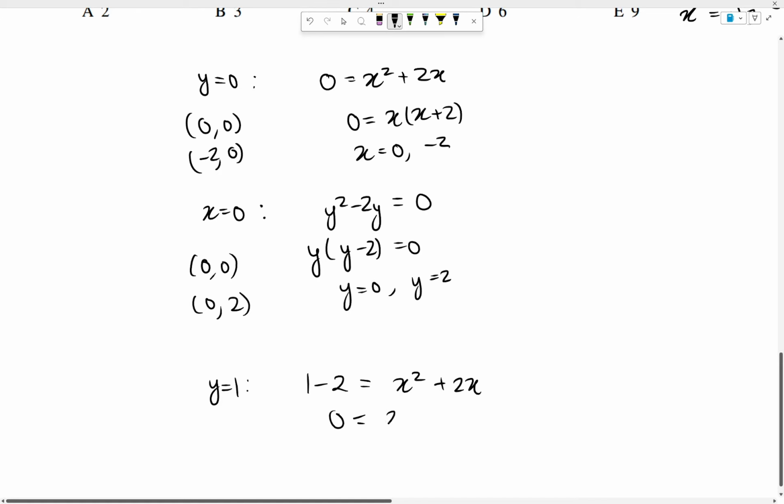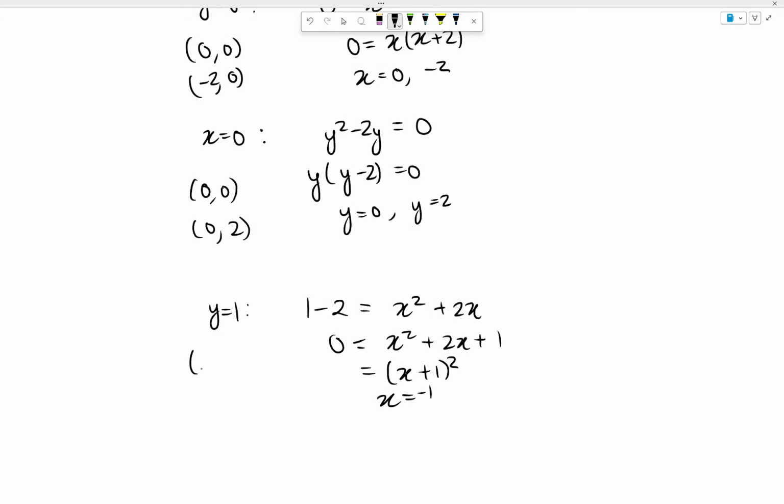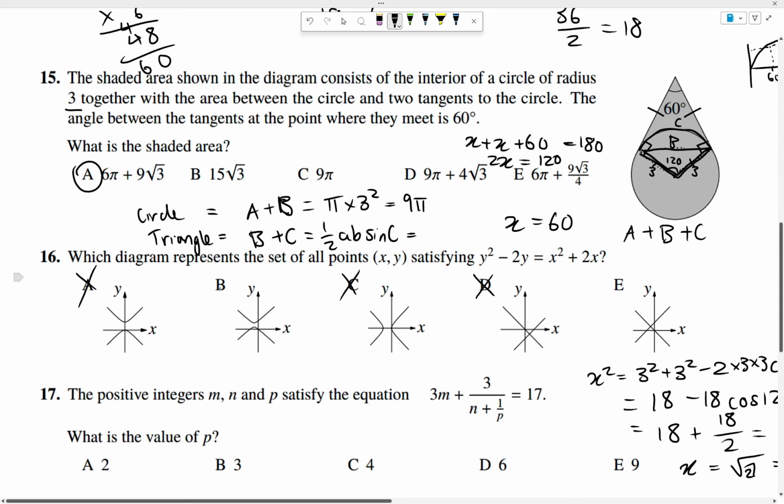Therefore, x squared plus 2x plus 1 is equal to 0, and that can be factorized to x plus 1 all squared, so x is minus 1. So indeed the graph does go through minus 1, 1, which rules out option B, and therefore the answer is E.